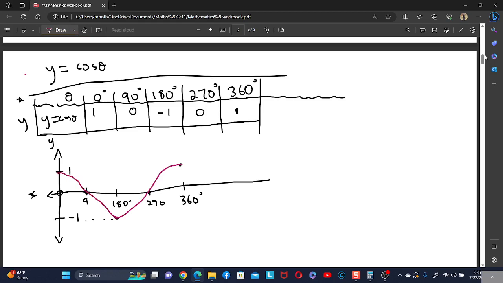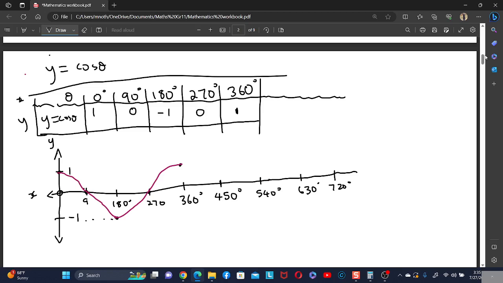Okay, so what happens is, if we add 360 here, the graph will increase to 720, right? So now let's look at it, 720.